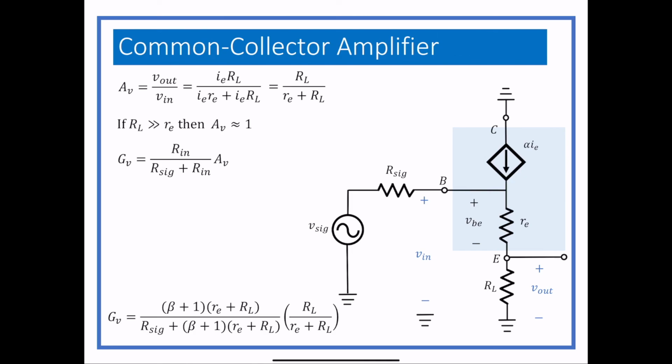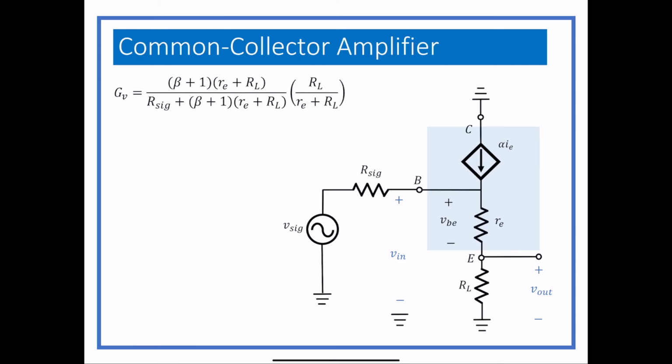But then we again replace Rin with beta plus 1 times little re plus RL, and we replace AVO with that resistor ratio. And what we hope is that we can cancel stuff. So I just put it up at the top here, and we can actually take RE plus RL, and we can put beta plus 1 under stuff.